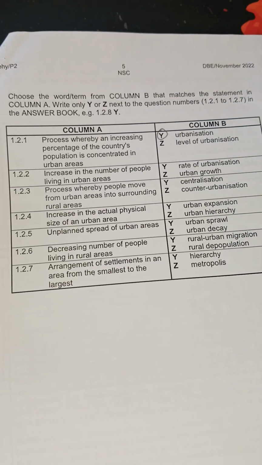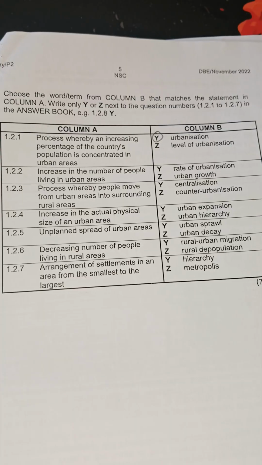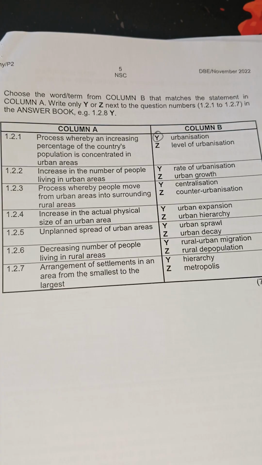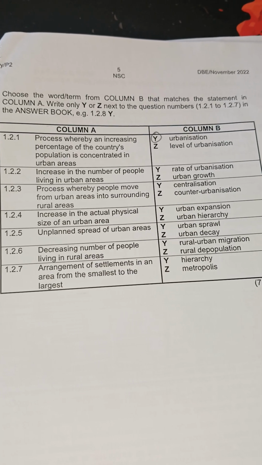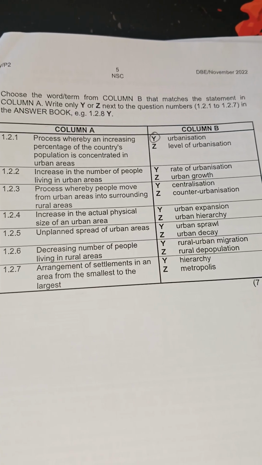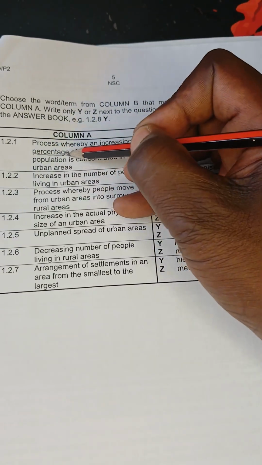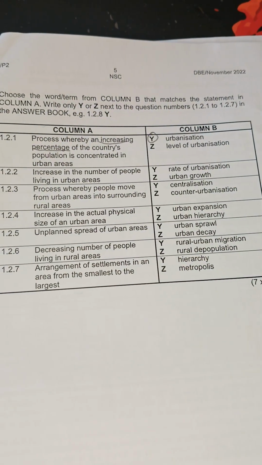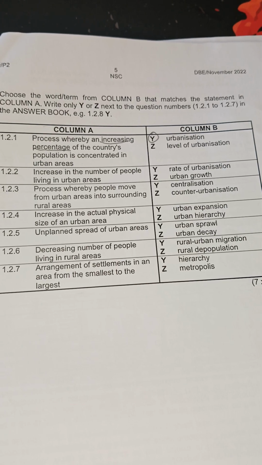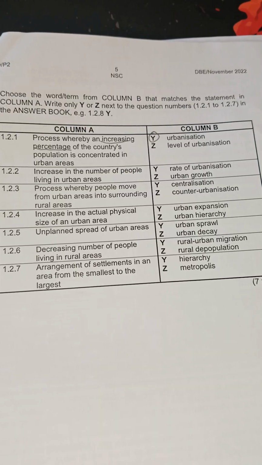When we talk about urbanization, this is the process whereby an increasing percentage of the country's population is concentrated in the urban areas. That's what urbanization is all about. What guides you is the wording: increasing percentage of the country's population is concentrated in the urban area, which is your urbanization.